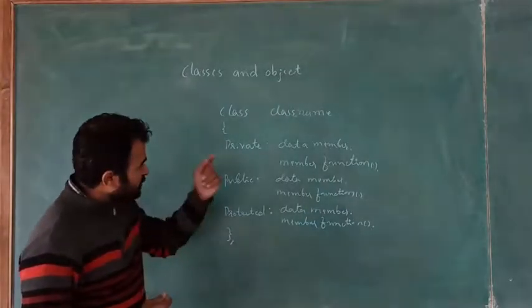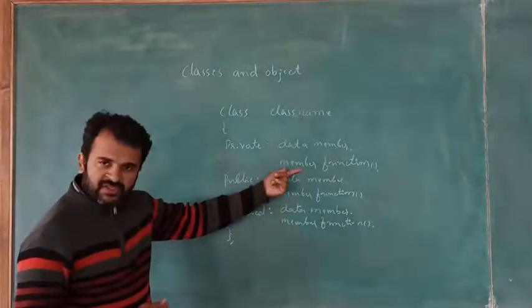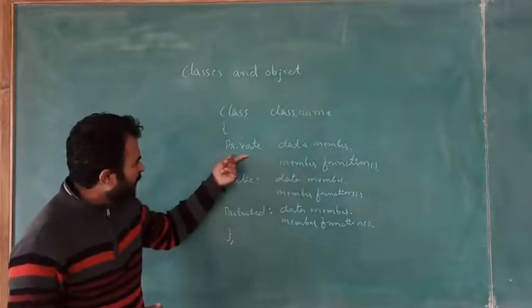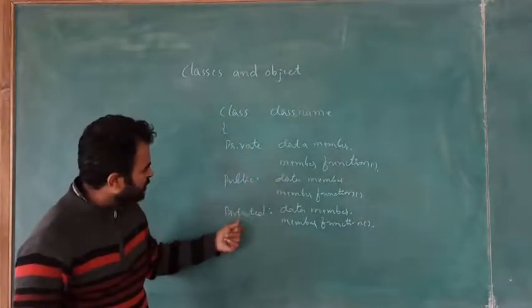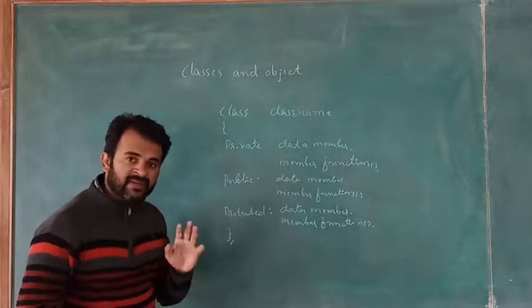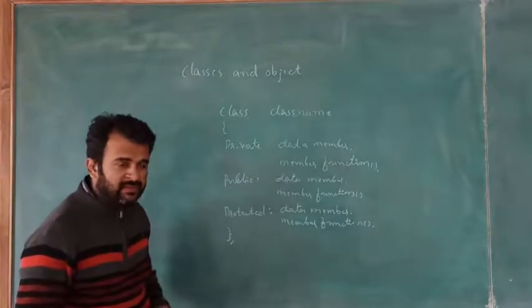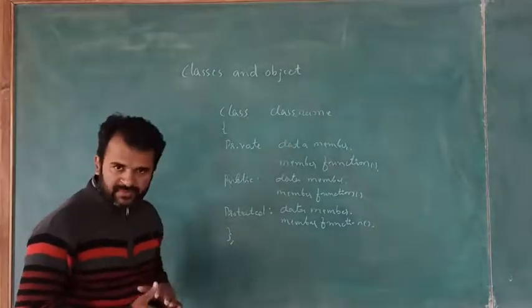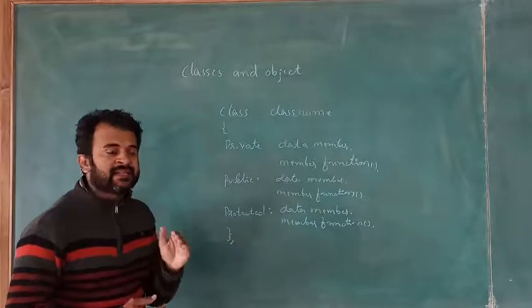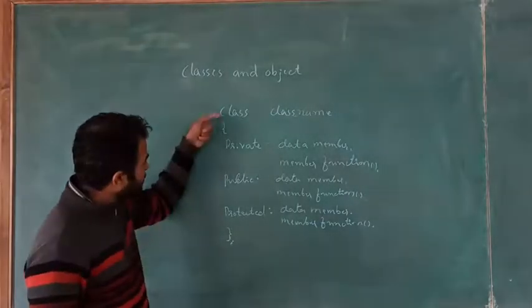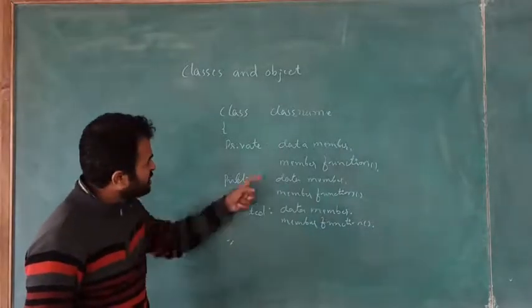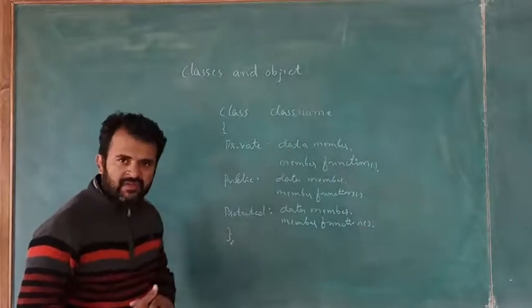So the data members and member functions: private data members and functions, public data members and functions, protected data members and functions. The variables declared within the class are called data members.